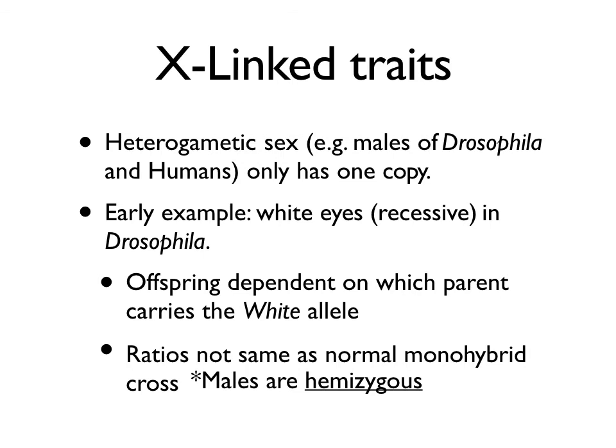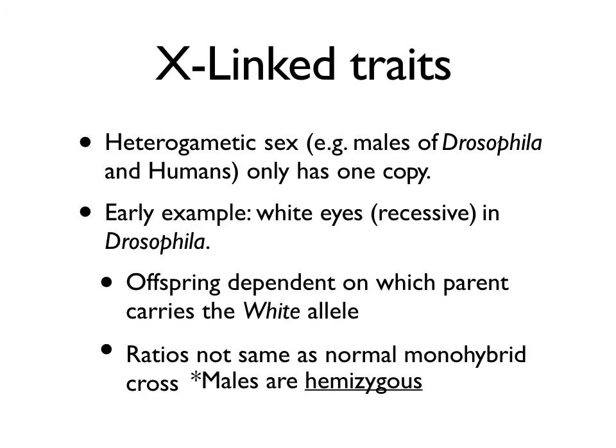Now, sex-linked traits, in this case, this slide is referring to X-linked traits, so traits that are found on the X chromosome. Every one of you has an X chromosome. I don't care what your biological sex is, you've got at least one. If you're biologically female, you have 2 X chromosomes. If you're biologically male, you have a single X chromosome. Okay? X-linked traits are traits that are controlled by genes found on X's. So females have 2 copies of this and males have 1 in humans.